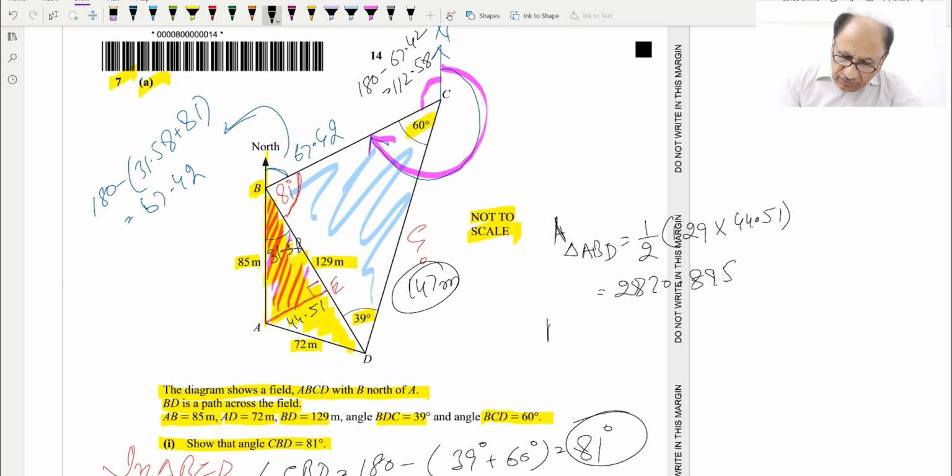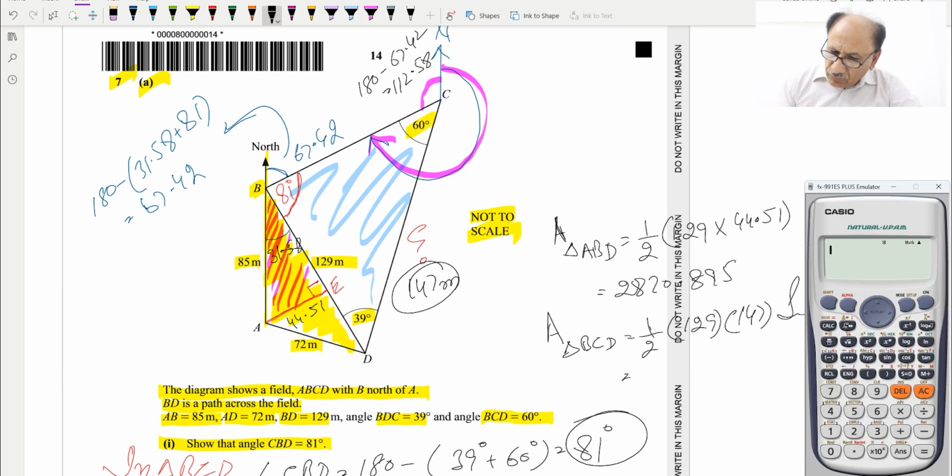And the area of the other triangle, BCD, will be what? We have two sides, so we will be using half into AB sin C. So half into one side, which is 129, BC we can take 147, which we have calculated, and sine of angle 39 degrees.